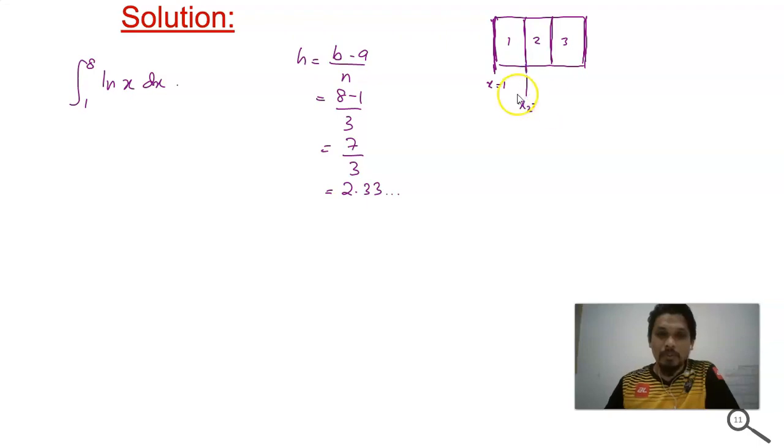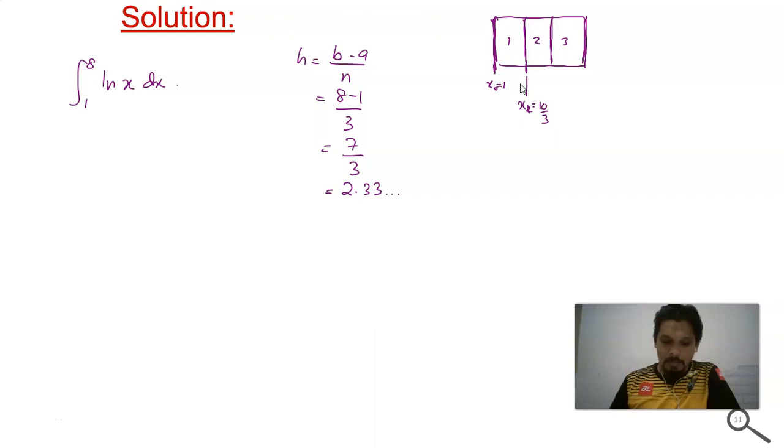x0 equal to 1, x1 equal to 1 plus 7 over 3 equal to 10 over 3. Okay.